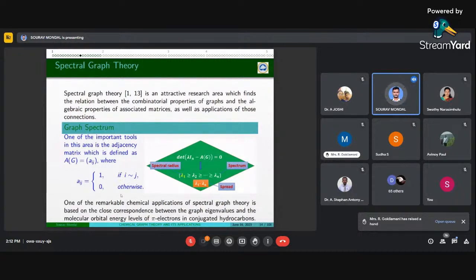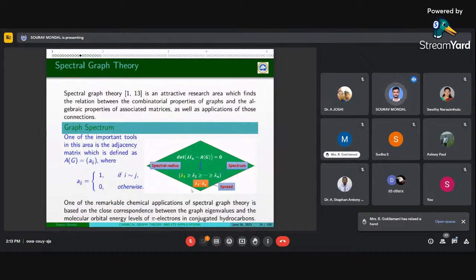Since A(G) is real and symmetric, its eigenvalues lambda 1, lambda 2, up to lambda n are also real, and they can be arranged in non-increasing order. The collection of these eigenvalues is called the graph spectrum, where lambda 1 is known as the spectral radius, and the difference lambda 1 minus lambda n is called the spread.